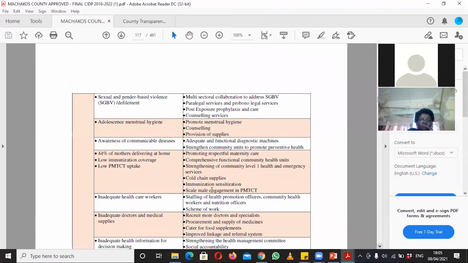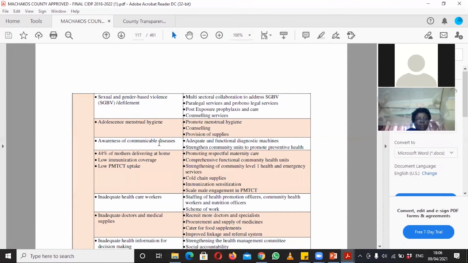And with regards to sexual and gender-based violence, the strategy is multi-sectoral collaboration to address SGBV, paralegal services and pro bono legal services, post-exposure prophylaxis and care, counseling services, okay? And then with regards to adolescents' menstrual hygiene, they seek to address it through promoting menstrual hygiene, counseling, provision of supplies. So you see, Beatrice, your field is needed in various aspects.